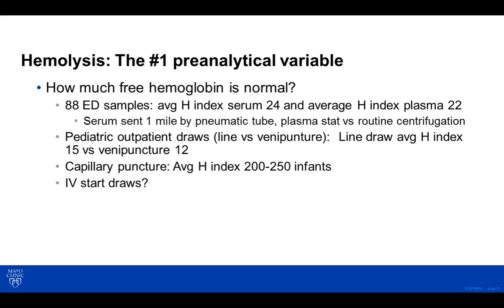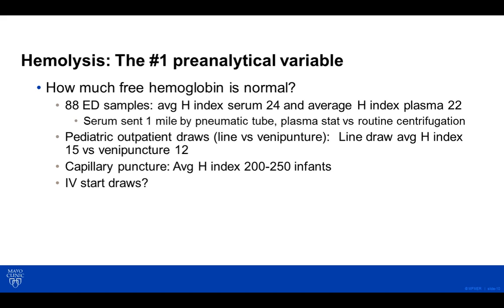In those 2 conditions, which are probably testing the routine collection and processing about as much as you can, tubing specimens a mile or stat centrifuging plasma samples, the average H index was around 20 for both serum and plasma. So on average, in our typical blood draw, you're going to have around 20 mg per deciliter free hemoglobin, at least in our practice, and when it gets to about 50 to 150, that's where we say it's unacceptable. That gives you a sense of the amount of additional hemoglobin, or variation, that causes unacceptable specimens.